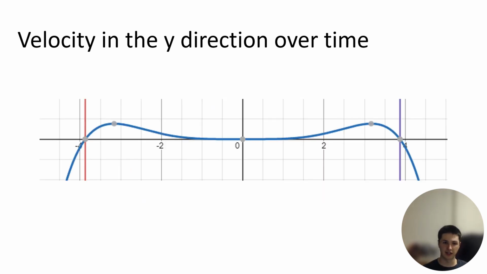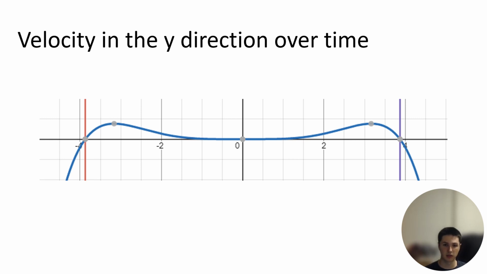Okay, so now we can look at the velocity in the y direction over time. It's a little bit more complex. Again, it starts at rest on that red line, and it's going to have positive velocity for a short interval in the y direction as it's elevating, for that first little bit.